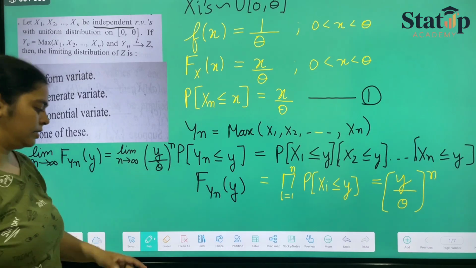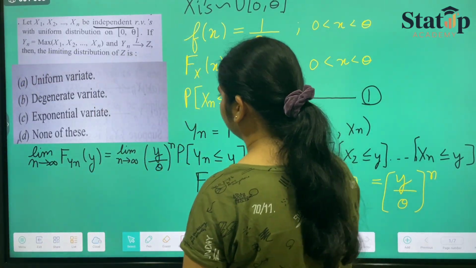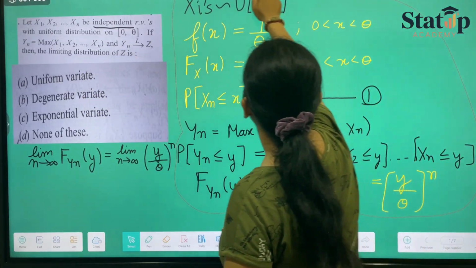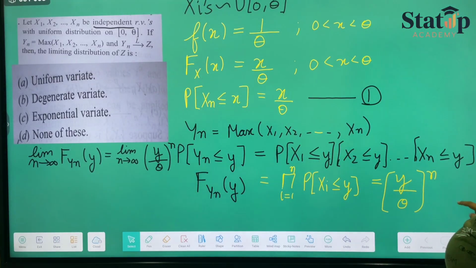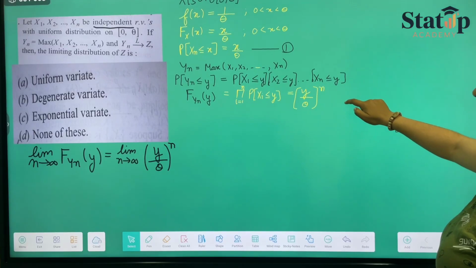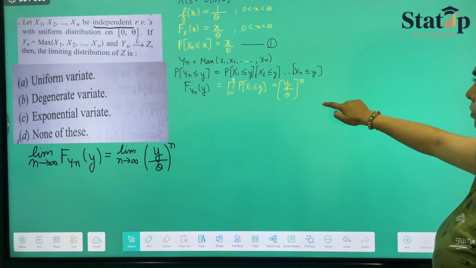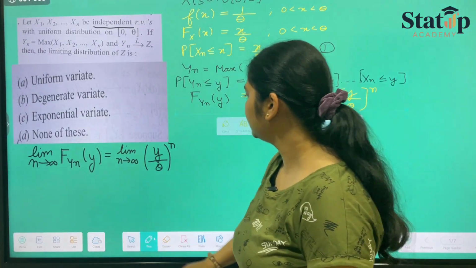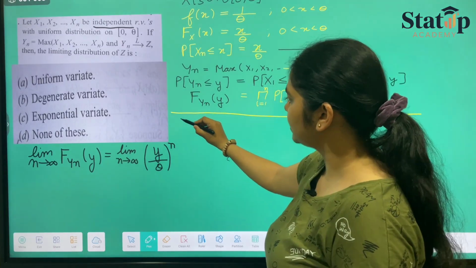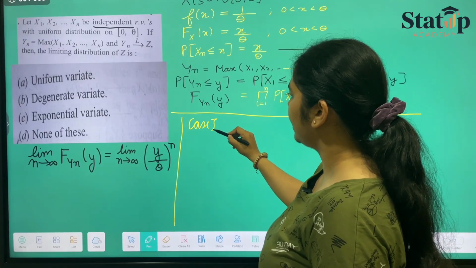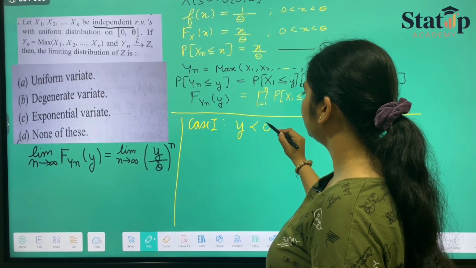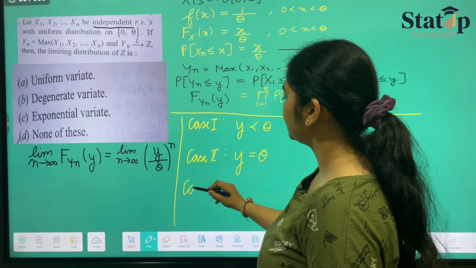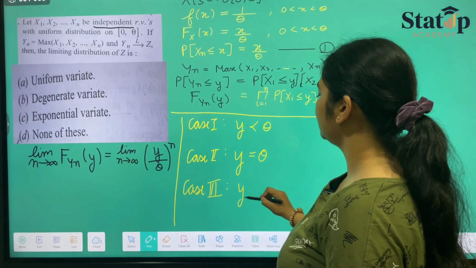Now here three cases arise. The three cases that arise here are: case number 1, y is less than theta; case 2, y is equal to theta; and case 3, y is greater than theta.